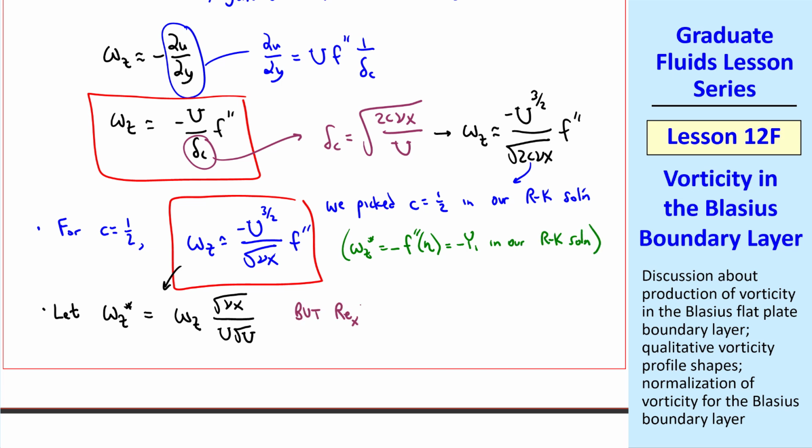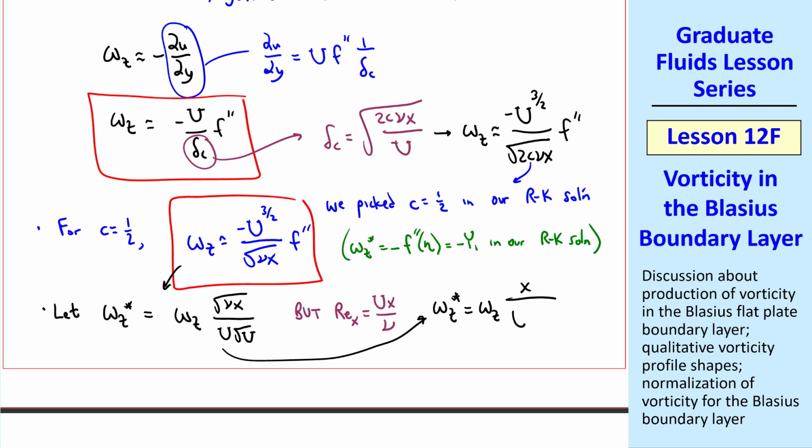But recall that Rex is U x over nu, which is why I separated the U to the 3/2 into these two parts. Now we see a Reynolds number here. So finally, our normalized vorticity component is the physical vorticity times x over U square root of Rex. We can use this normalized form of vorticity to plot the actual vorticity component at any x location.